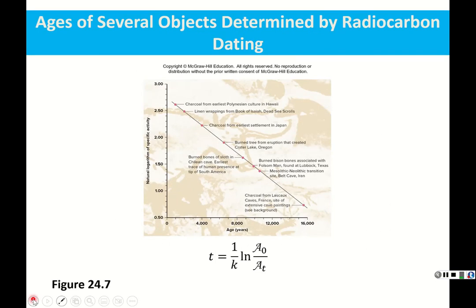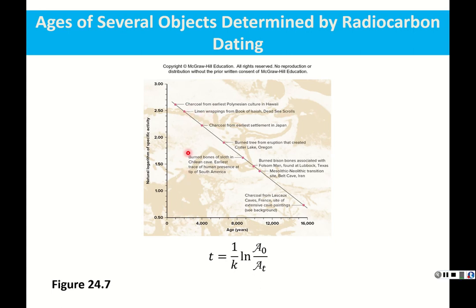Here is an age scale in years and some points on that age scale that have been carbon dated. Charcoal from the earliest culture in Hawaii, relatively recent in the past. Linen wrappings from the Book of Isaiah and the Dead Sea Scrolls, that's about 2,000 years.